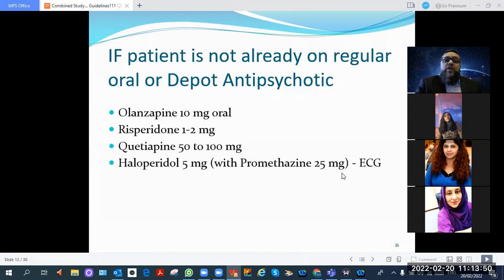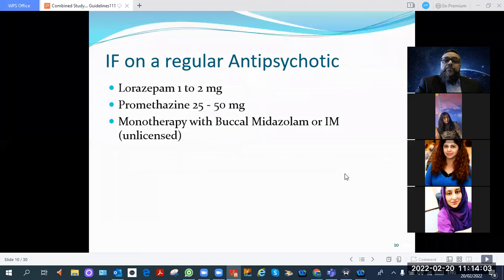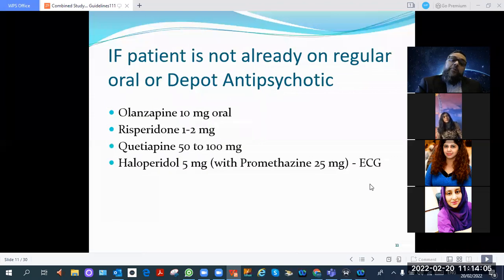So everything we have discussed can be repeated in three quarters of an hour or 1 hour if needed. And this is we are talking about the oral rapid tranquilization.